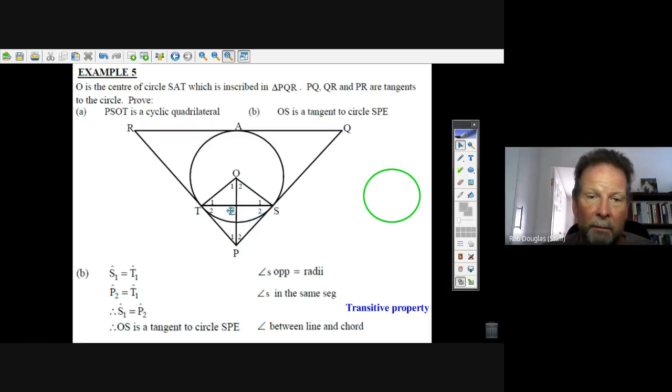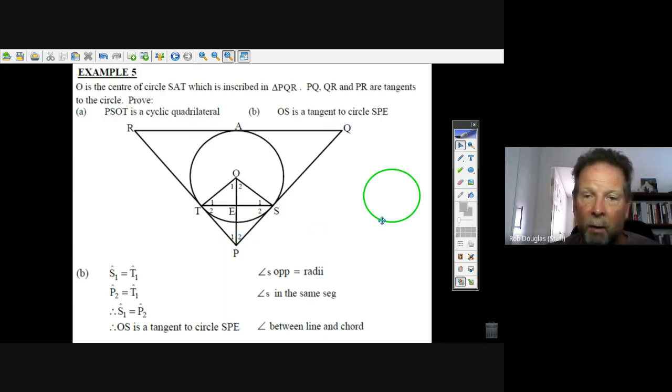Well, P2 and T1 both open up to OS, and we just proved that's a cyclic quadrilateral, so those two angles must be equal, angles in the same segment. And we know that if S1 is equal to T1 and P2 is equal to T1, then S1 equals P2.